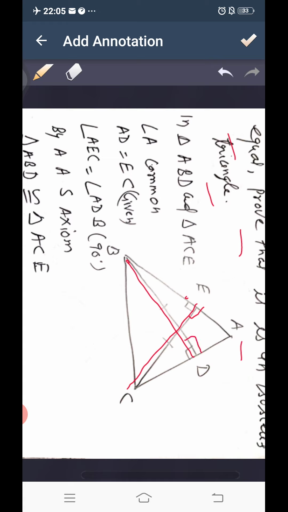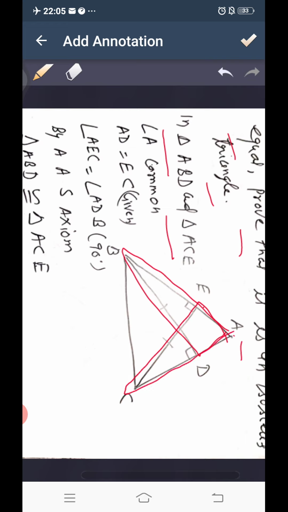These two angles are also 90 degrees. So we take triangle ABD and ACE. ABD means we take this triangle and ACE means this triangle.